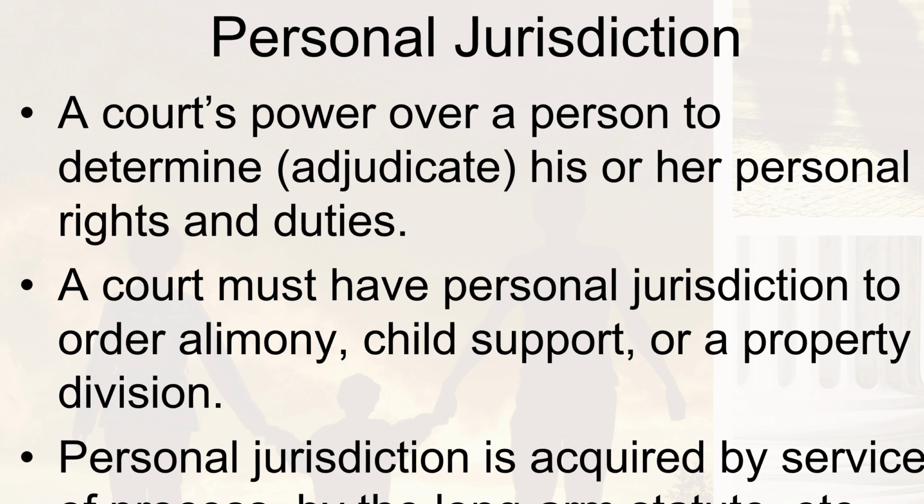So again, to acquire personal jurisdiction, one has to be served by being physically present in the state. So in order to be served in that state, they have to be personally delivered the complaint or the petition and summons within that state.